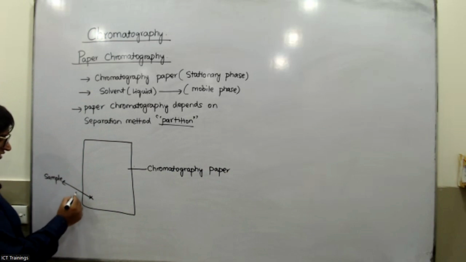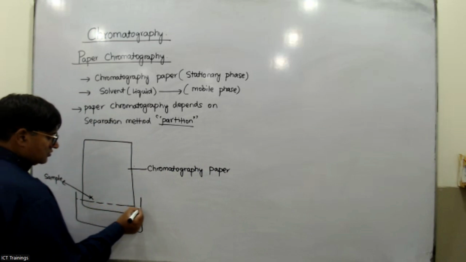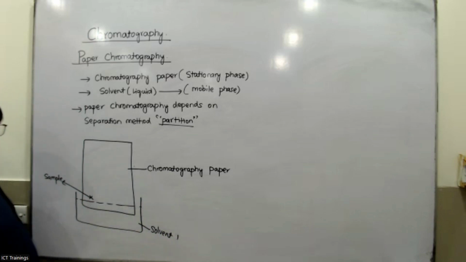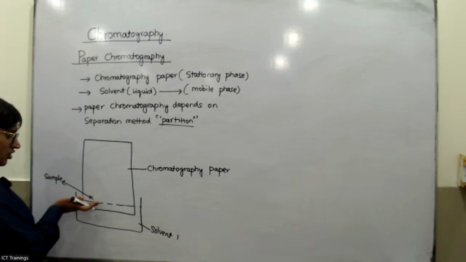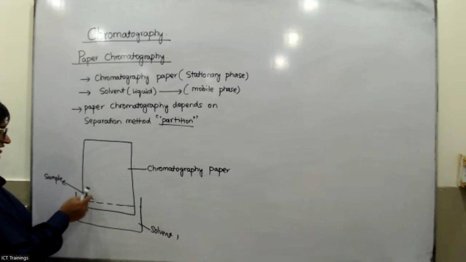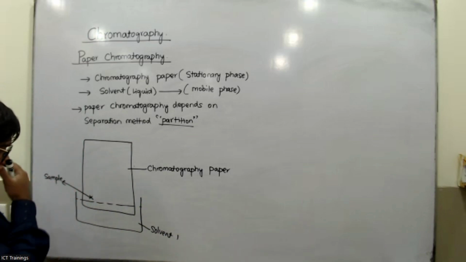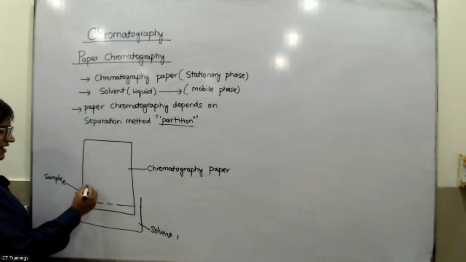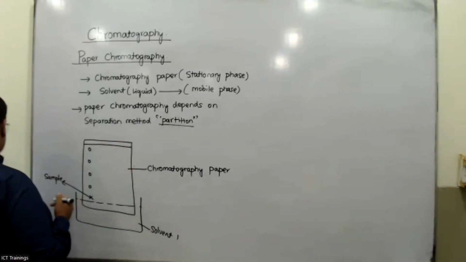Now you put it into a solvent, and this is solvent one. Solvent one will rise up. When it comes up here, the sample contains different components of the mixture, so due to their forces of attraction with solvent one, they are separated in the form of spots on the chromatographic paper. And this solvent will travel up to that place.